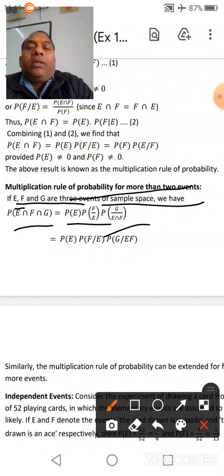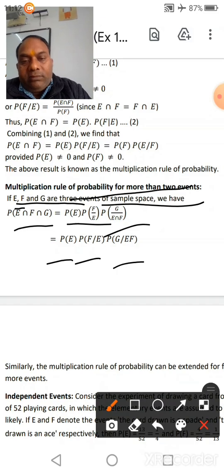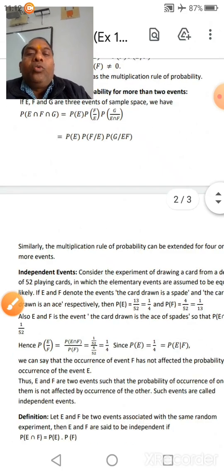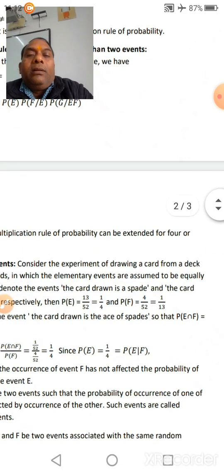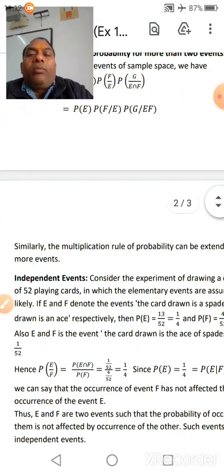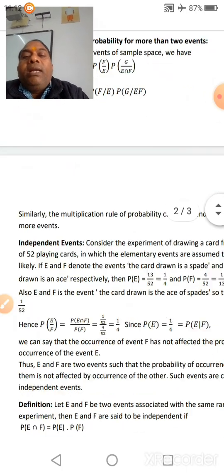To put the values, P(E), P(F|E), P(G|EF), you can write. Similarly, the multiplication rule of probability can be extended for four or more events. You can extend. Clear?